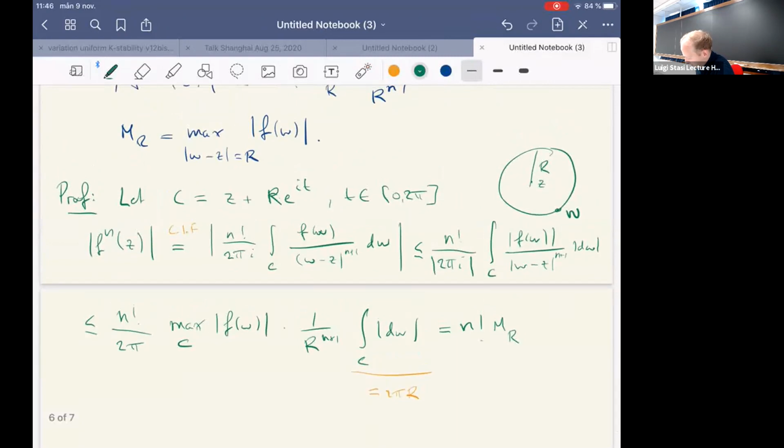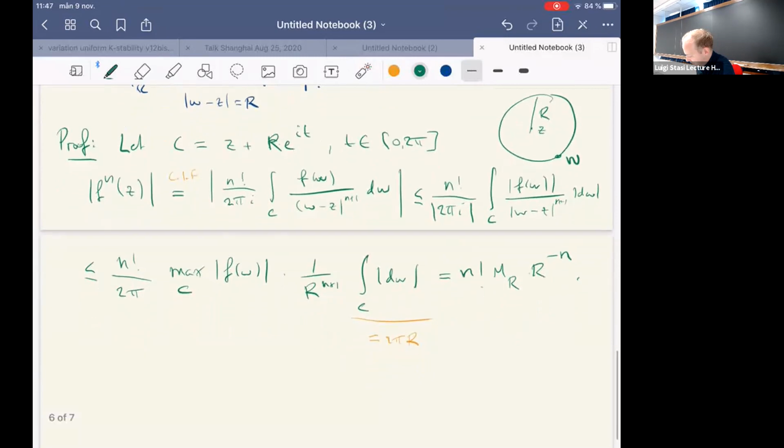Then I have 2 pi R and 1 over R to the n plus 1. So the 2 pi canceled here, and you get R to the power minus n, or times 1 over R to the n. And this is what we wanted to prove.